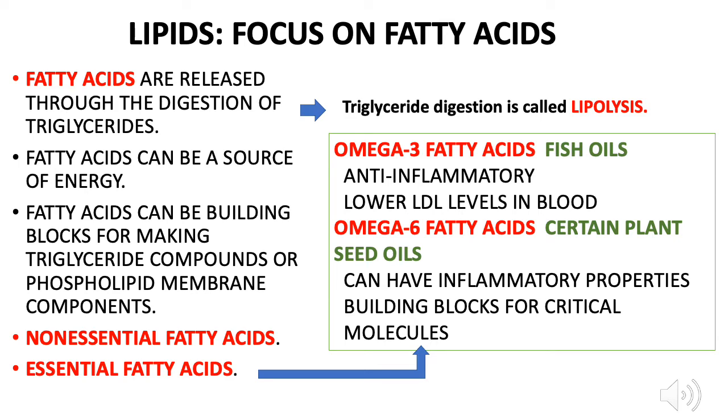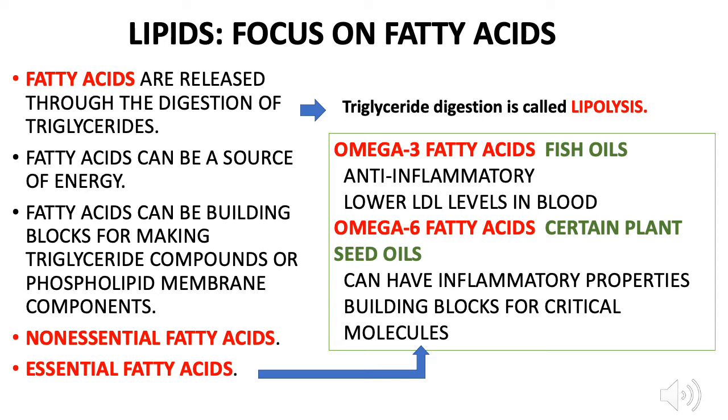We've talked about cellular respiration, and we understand that cellular respiration can process glucose, carbohydrates, but we can also process fatty acids as a source of energy as well. But more importantly, fatty acids can be building blocks for making other compounds, including triglycerides or even phospholipids that are going to be important in constructing our own cell membranes. But there's a bunch of other things they can do as well.